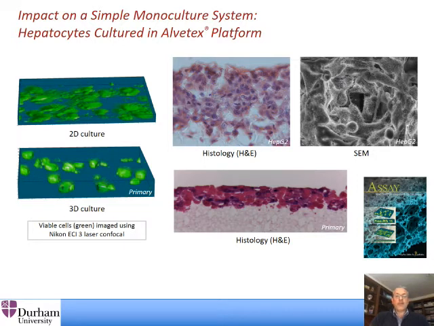And just like real tissue, where you would fix and embed and section and perform histology, you can do the same with this technology. And you see histological images here of the 3D cultures, imaged also by scanning electron microscopy.